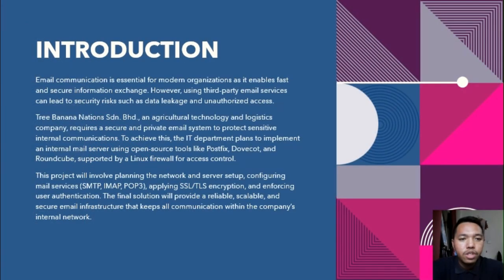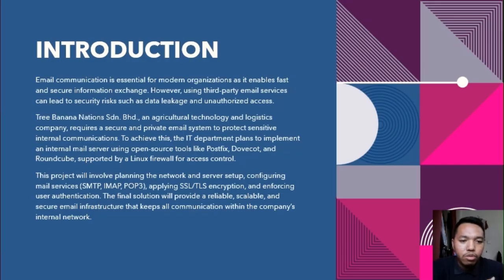For the first thing, introduction. I will not read all this paragraph right here, but instead I will just summarize it. Three Banana Nations Sdn Berhad wants to protect their internal data by not using external email for communication.